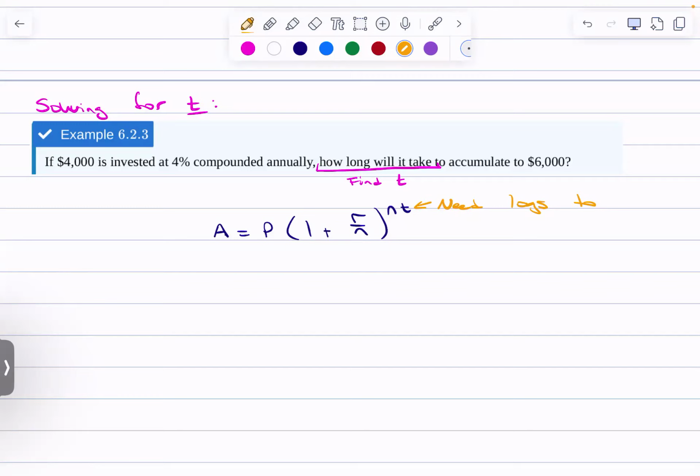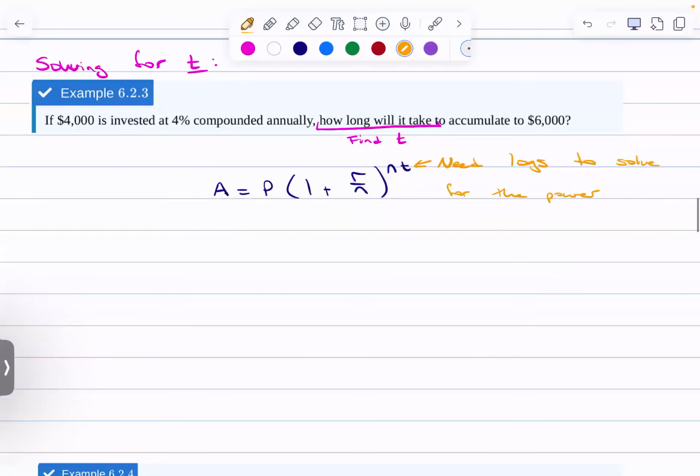I am pretty sure I also need exponent rules. I need to isolate everything that's raised to a power.